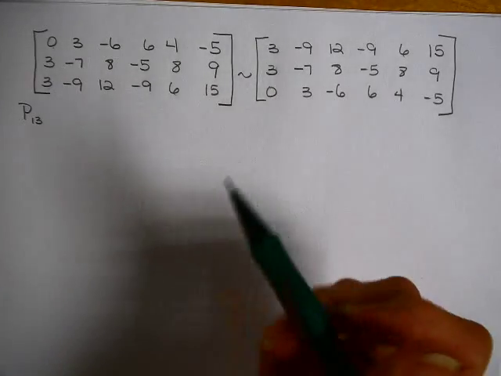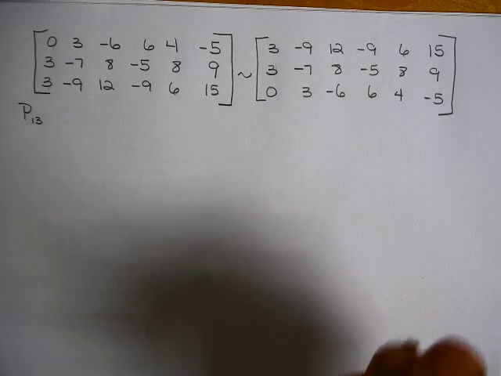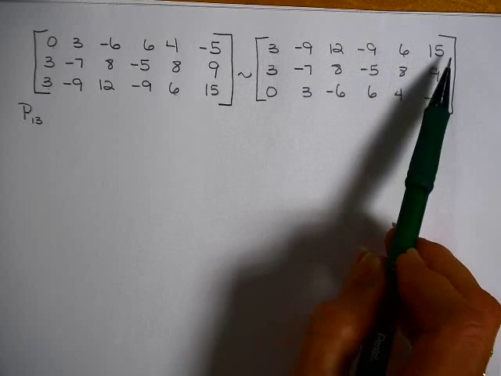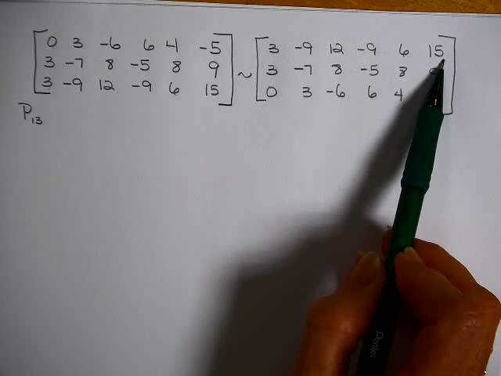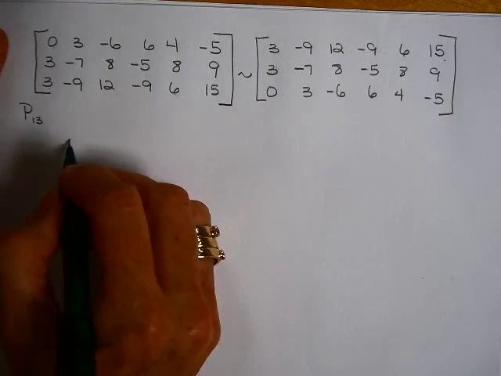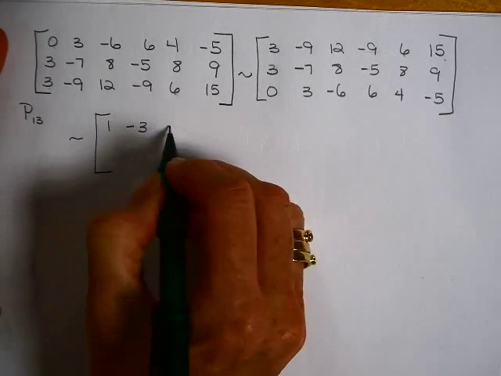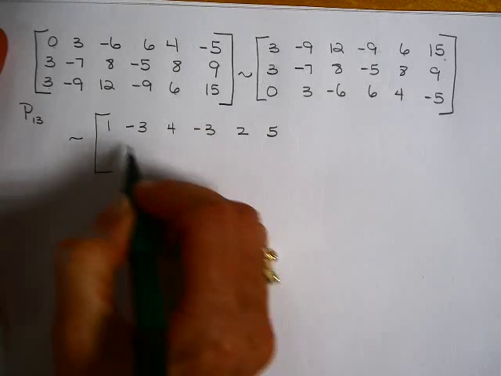Okay, I'm headed to reduced echelon form. When I was writing this, I noticed that everything up here could be divided by 3. So I would go ahead and divide everything by 3 just to make my numbers smaller. Okay, but that's just me. So this would be 1, negative 3, 4, negative 3, 2, and 5.